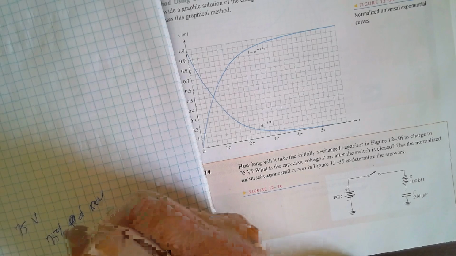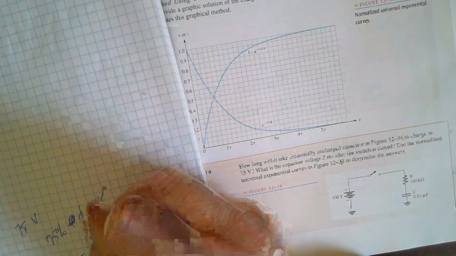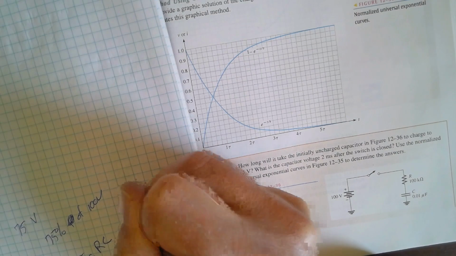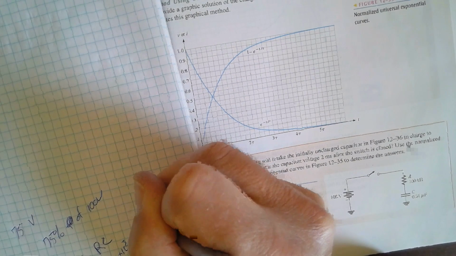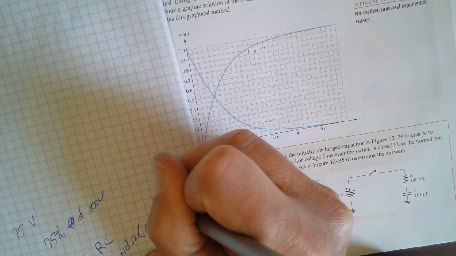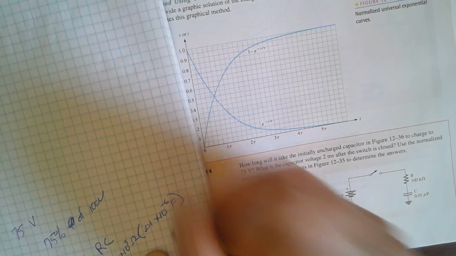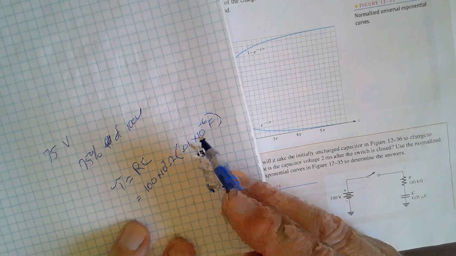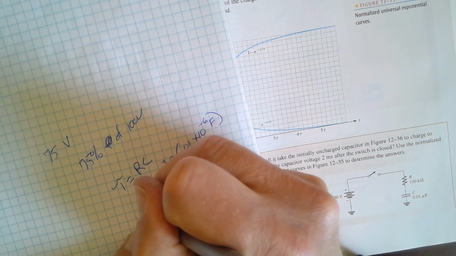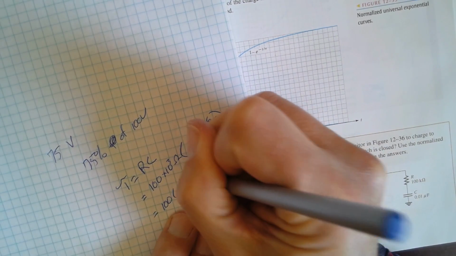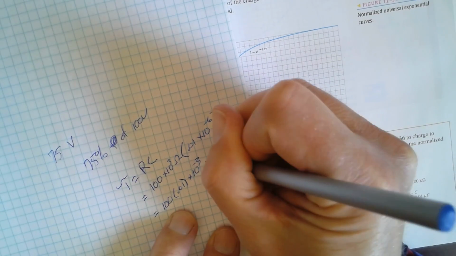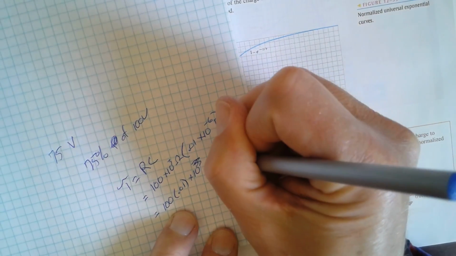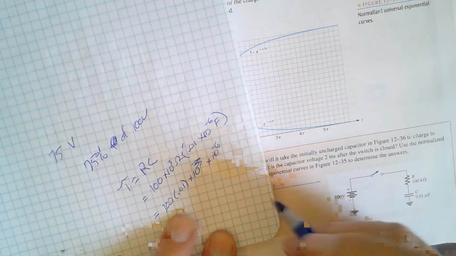So that's 100 times 10 to the third ohms times 0.01 times 10 to the negative sixth farads, because it's 0.01 microfarads. Well, so I got 100 times 0.01 times 10 to the third times 10 to the negative 6.